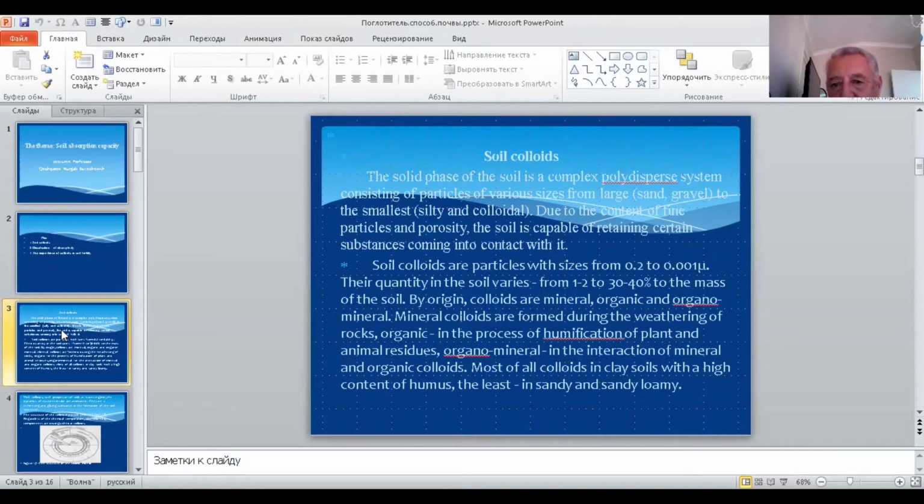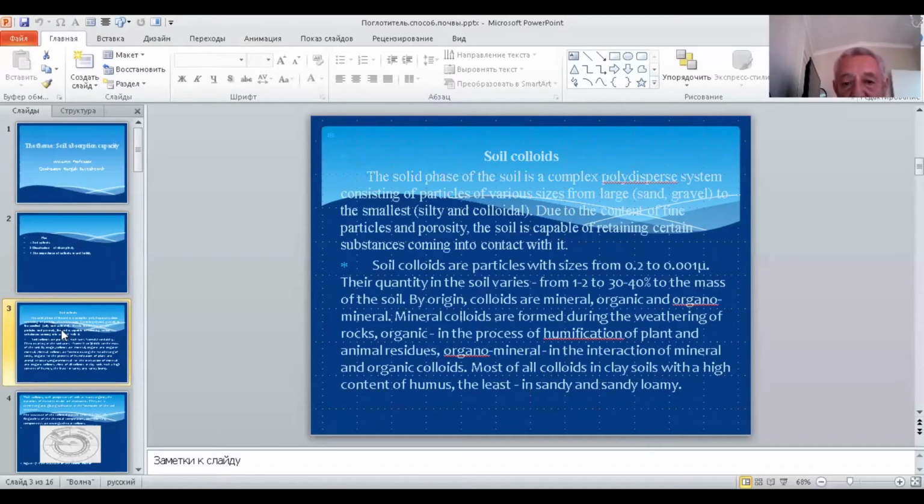Due to the content of fine particles and the porosity, the soil is capable of retaining certain substances coming into contact with it.